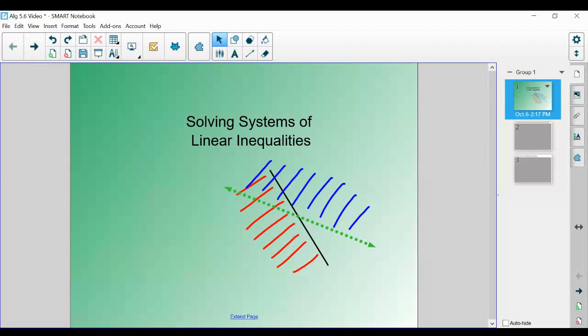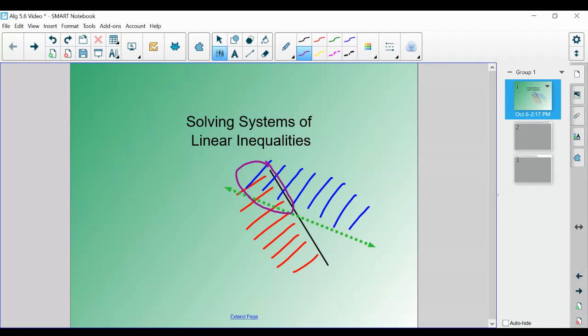So when we talk about graphing two linear inequalities, we're going to graph them kind of separately, but we're going to be looking for the overlap right here. Because this part shows I have solutions from my red shading and I have solutions from my blue shading, which is essentially what we're trying to do here when solving these systems of linear inequalities. But let's dive into more of a formal example. But this is the general idea of today's lesson.